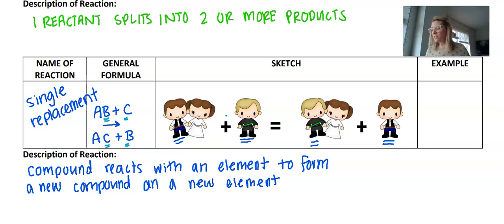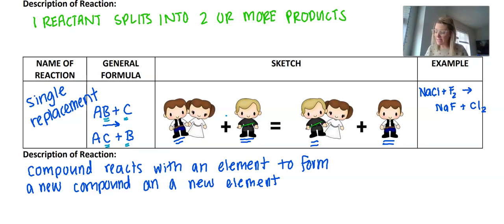So we have to talk about two specific examples. And again, we'll dig a little bit deeper into this in another lesson. We're going to spend a whole day talking just about single replacement reactions. But there's two examples I want to give you. The first example is NaCl plus F2 becomes NaF plus Cl2.